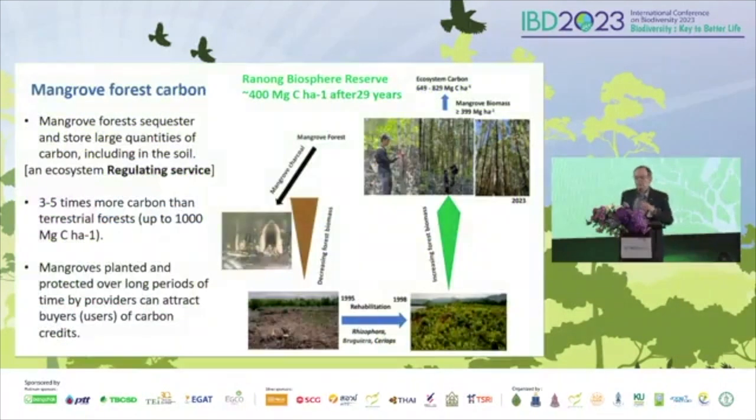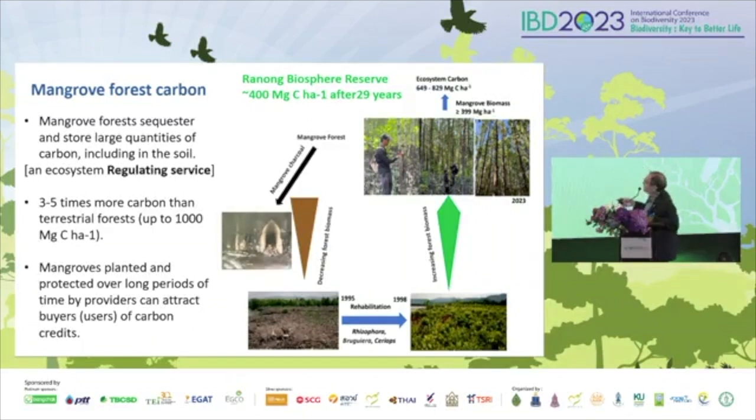I want to finish on mangrove forest carbon. You've heard quite a lot already about this. I've worked for many years with Sanit and Sonchai in Ranong, and I planted trees there, seedlings actually, 29 years ago. So I can tell you quite accurately today that after 29 years, the forest carbon is about 400 tons per hectare.